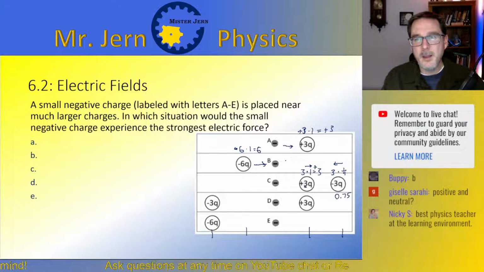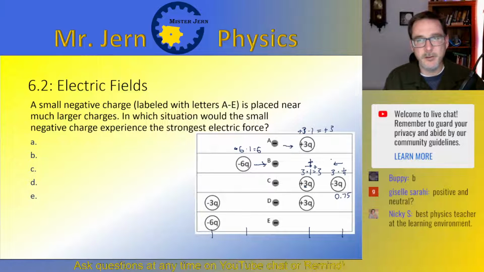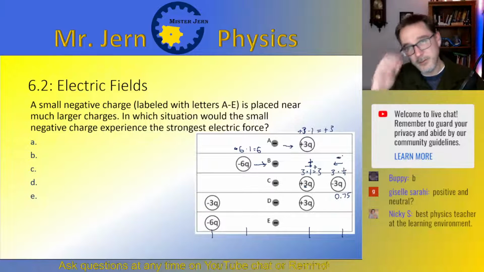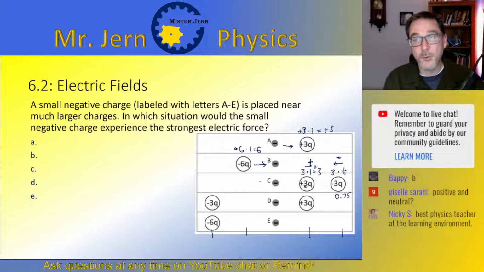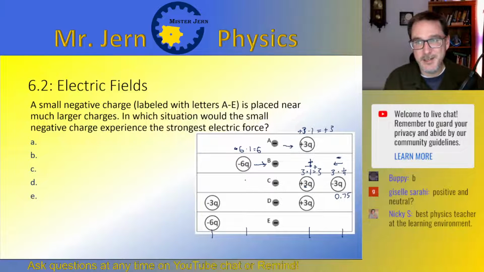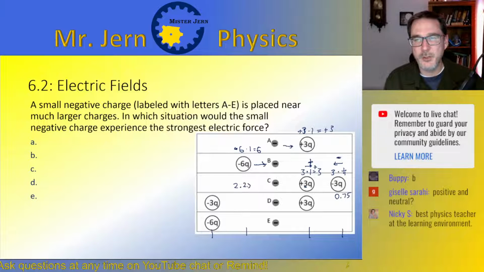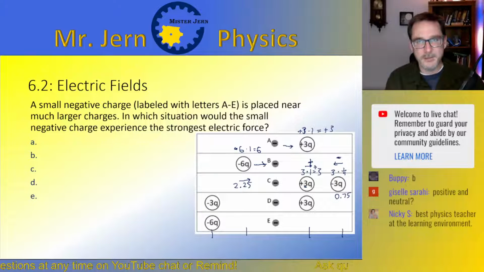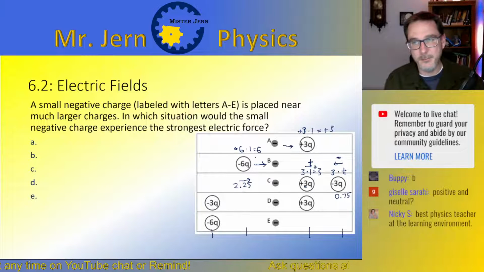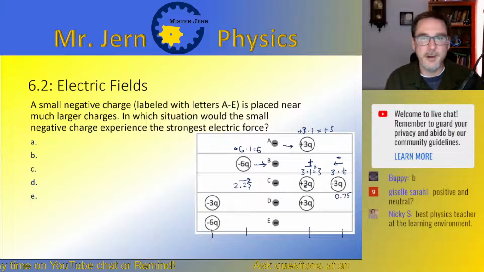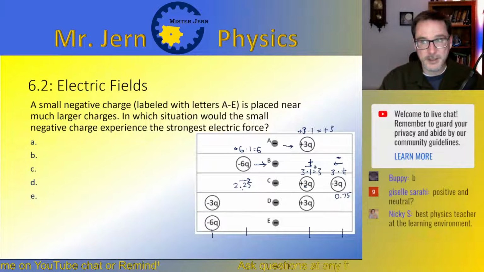So we can think of it this way: this one is positive because it's pulling it to the right, and this one is negative because it's pushing it to the left. So overall, letter C, we have to do a little subtraction. It's going to be 2.25 to the right, because it's got 3 to the right and 0.75 to the left. So while letter A is feeling 3, letter B is feeling 6, letter C is only feeling 2.25. Okay, I told you this is probably one of the more complicated ones of these ever.